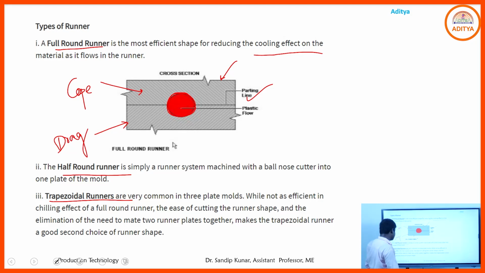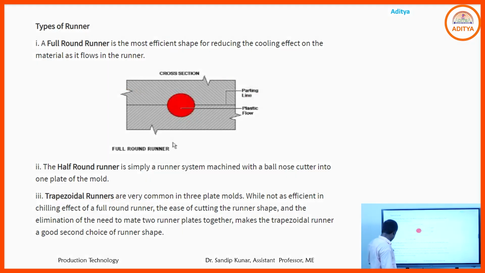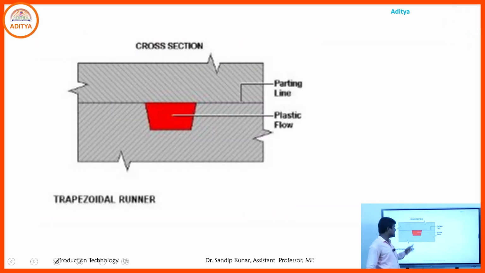Okay, and that is also one of the economical shapes for the flow of the liquid metal. It is the cross sectional area of the trapezoidal shape. Here we just show the cross sectional area of the trapezoidal shape which is maintained as a runner.